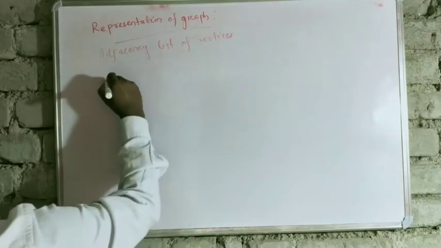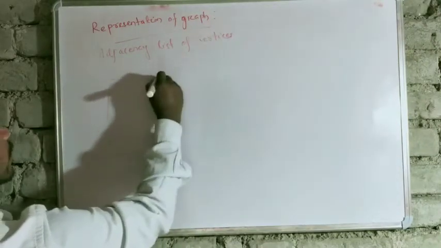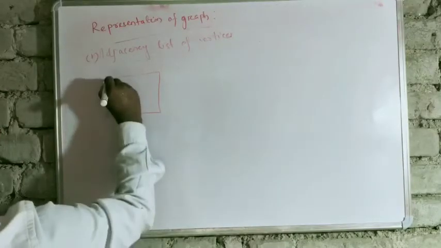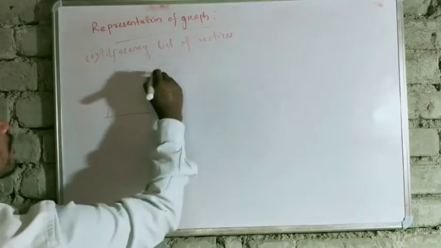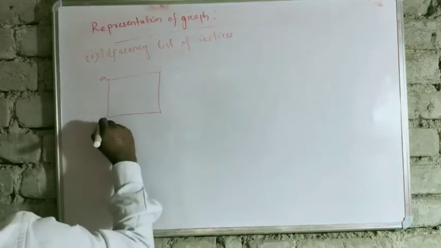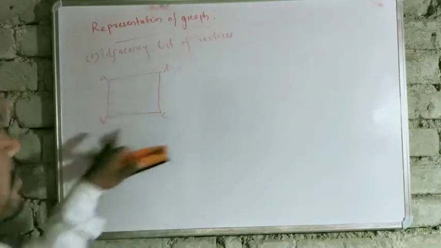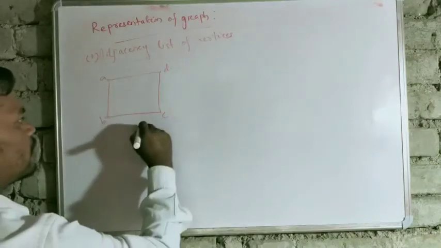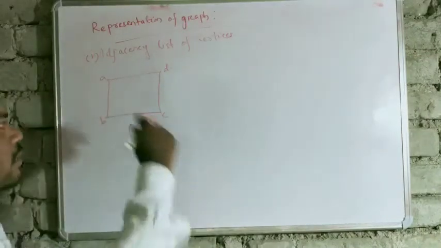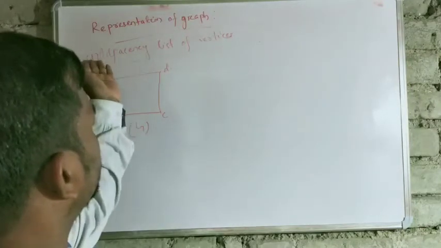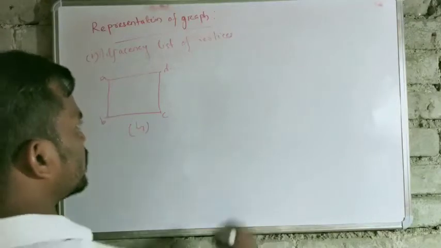Suppose a graph is this one. This is vertex A, B, C, comma D. So in this graph G, there are four vertices A, B, C, D. So how will we represent this by using adjacency list of vertices?